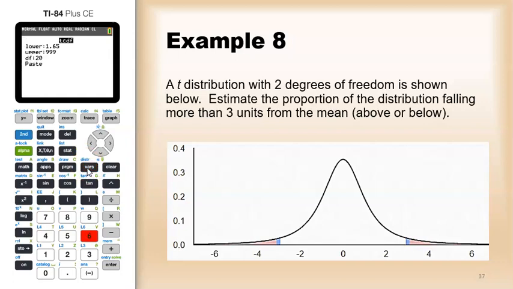I'll just find the right tail. So my lower bound is 3, upper bound 999, 2 degrees of freedom. Paste. And then times 2. And I end up with 0.0955. So about 9.5%.